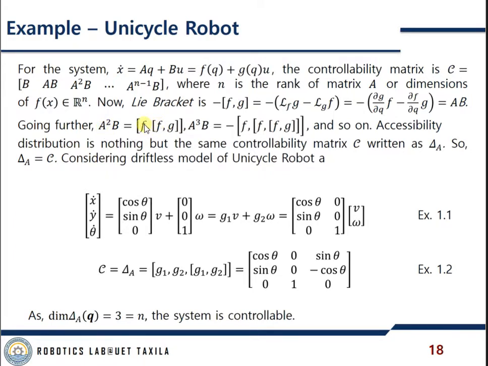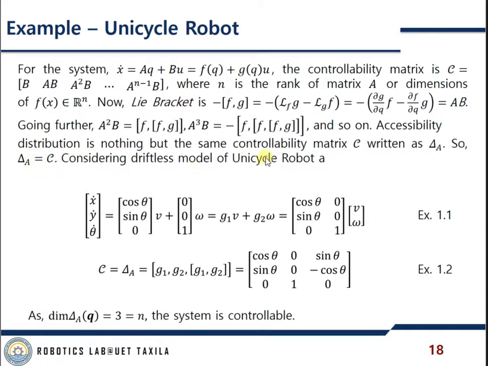F is just like A, right? So A cubed B means f, f, f, and then g, and so on. So the accessibility distribution is nothing but the same controllability matrix C written as delta of A. So delta of A is going to be equal to the C matrix.